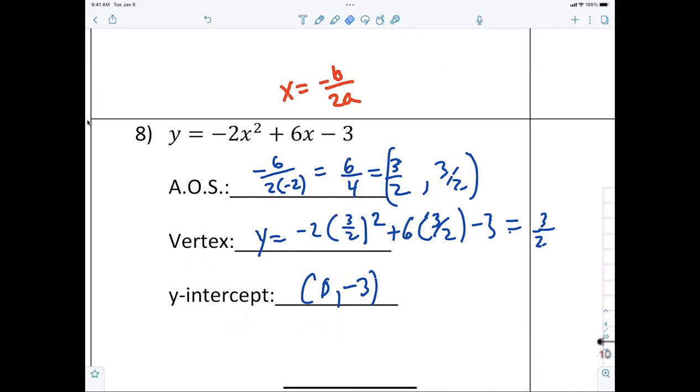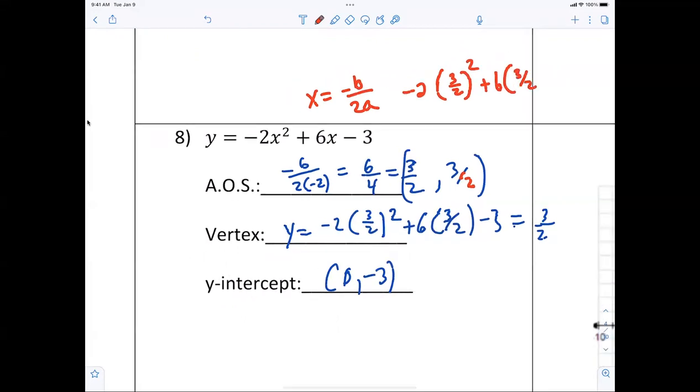So it'd be negative 6 over 2 times negative 2. Everybody agree that was 3 over 2? Now, everybody practice putting 3 over 2 in your calculator. It's negative 2 parentheses 3 over 2 squared plus 6 times 3 over 2 minus 3. Everybody do that. Make sure they can get that.